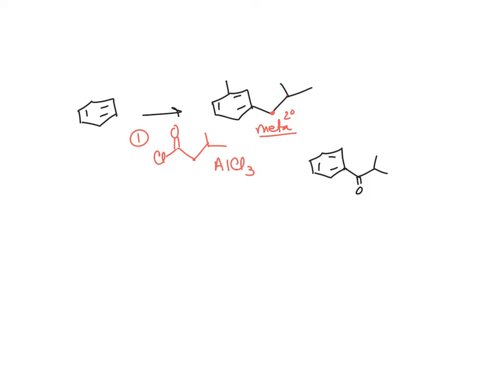And then this is a meta director because it's a ketone. So this carbon's partially delta positive. So then we could do Friedel-Crafts alkylation. All right, so that would make this compound.